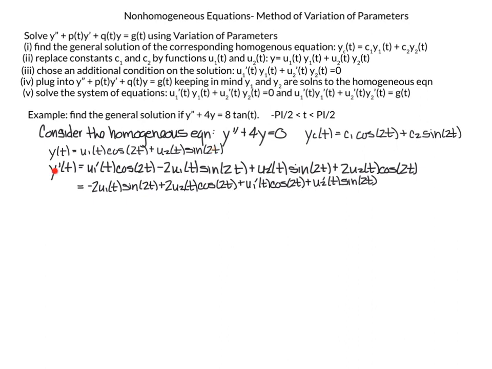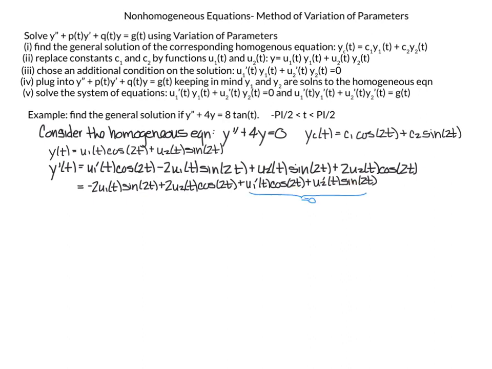Then I can take the derivative, which I have written out here, and I grouped my non-derivative u1, u2 terms together, and then I grouped my derivative u1, u2 terms together over here. What I have is y prime of t is equal to minus 2u1 sine of 2t plus 2u2 cosine of 2t plus u1 prime cosine 2t plus u2 prime sine 2t.